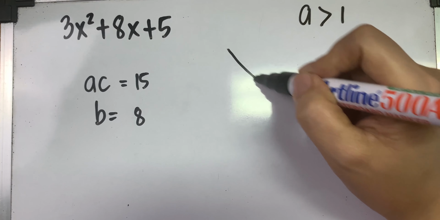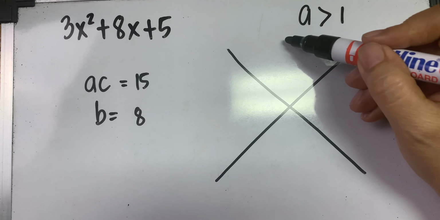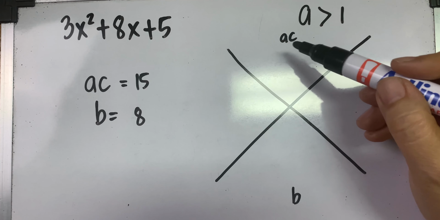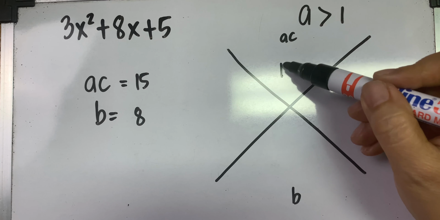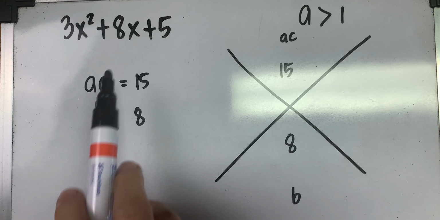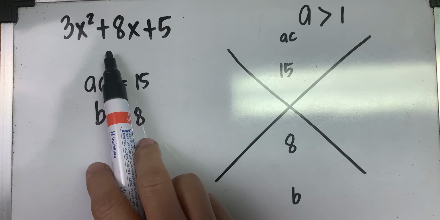Gagamitan natin ito ng X method. Okay. Same thing. Dito pa rin natin lalagay yung product ng A and C at dito yung B. So, ang product ng A and C is 15 at ang B is 8. Tingnan natin ulit yung sign ng last term, positive. At yung middle term, positive din.